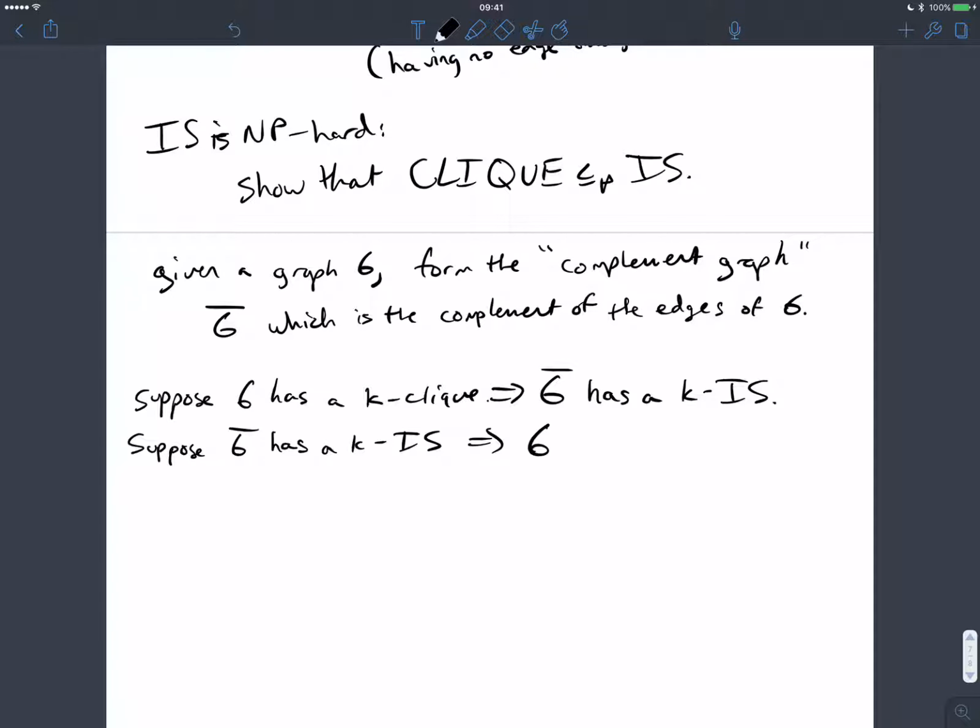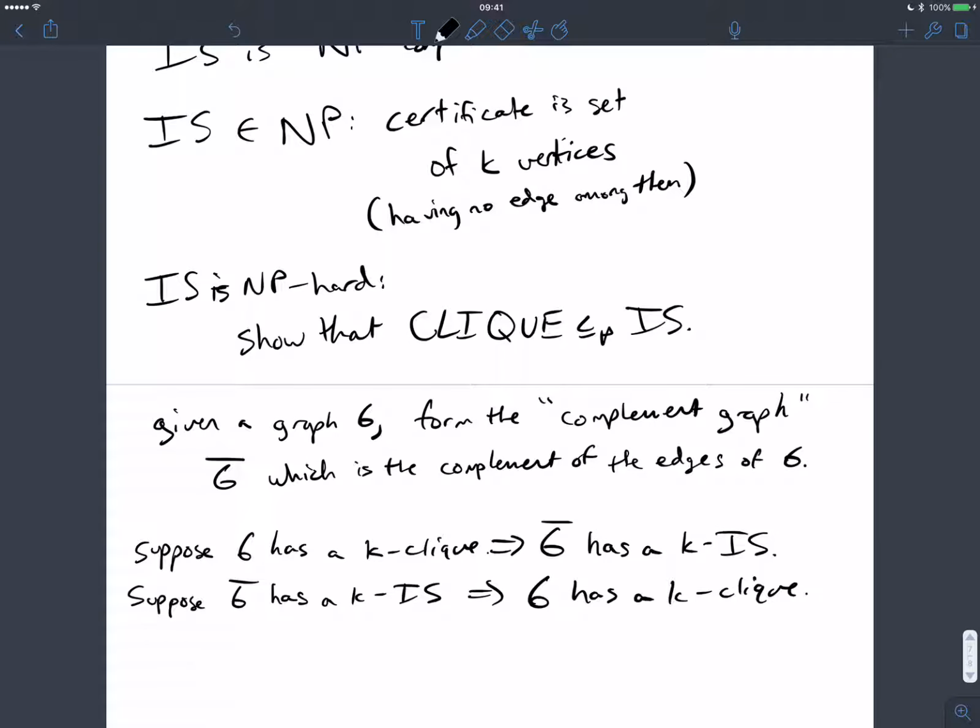So G has a k-clique. Okay, so NP-hardness proofs are not necessarily very difficult. Some of them are harder than others, but some of them are just complement the graph or do some really minute change.